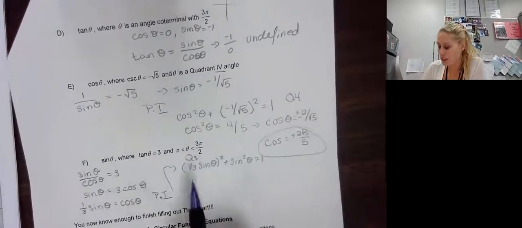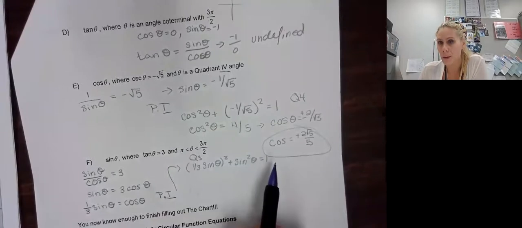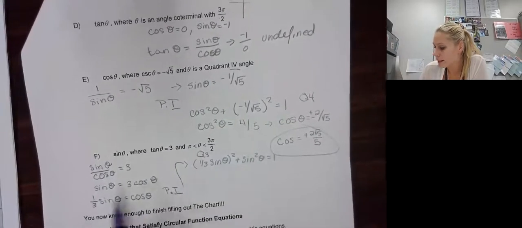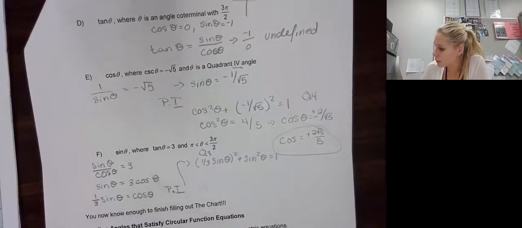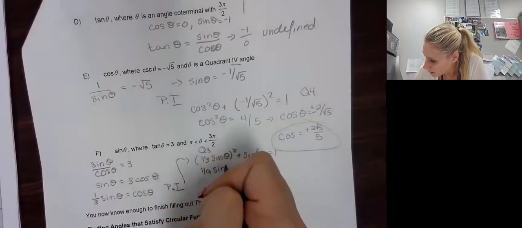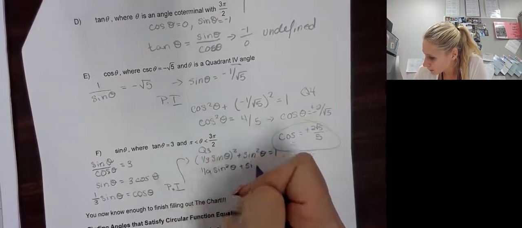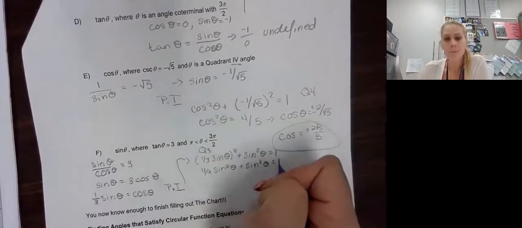Again, let me convince you. The Pythagorean identity is cosine squared plus sine squared equals 1. Cosine is 1/3 sine theta. So let's multiply this out. So I get 1/9 sine squared theta, because I squared it, plus sine squared theta equals 1.